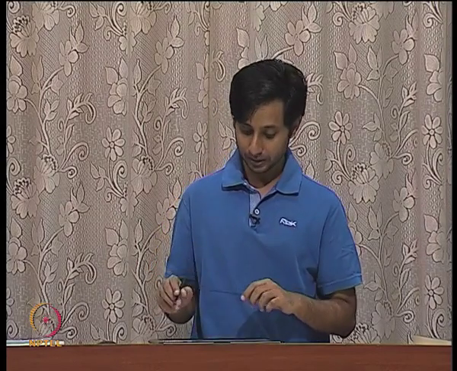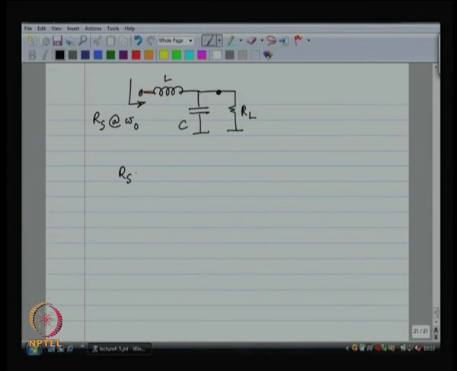So, this is also going to work. Q is always going to be more than 0, or Q is going to be a real number, which means that R S has got to be less than R L for this to work.